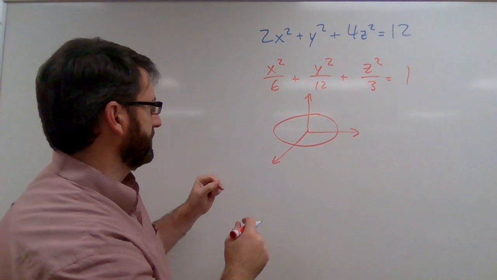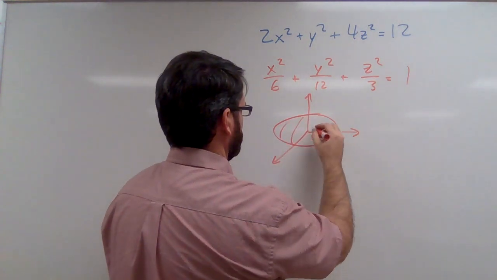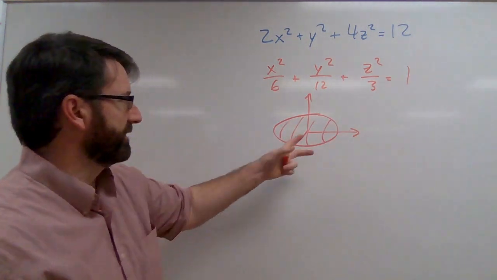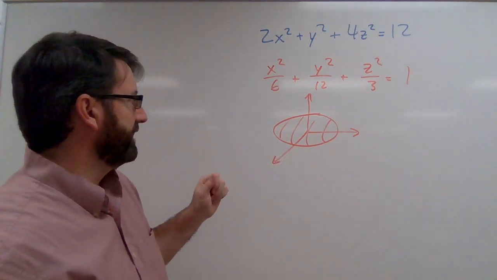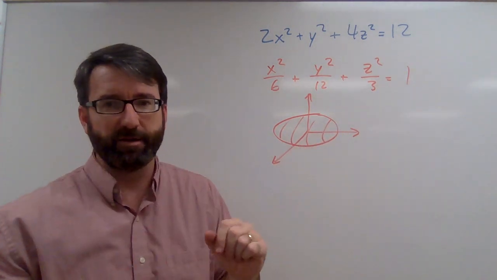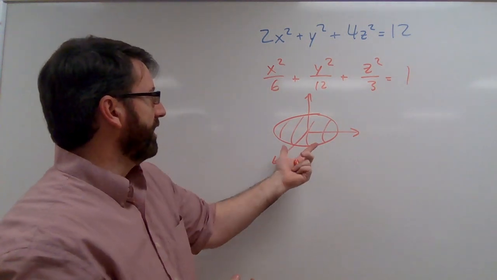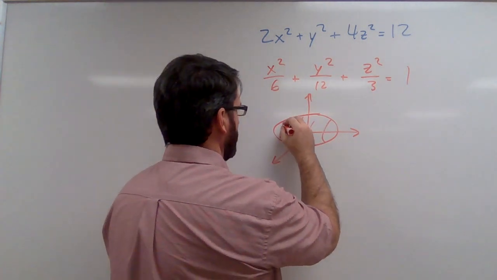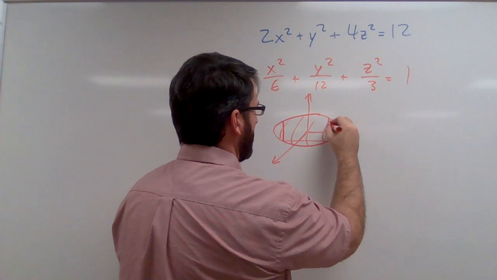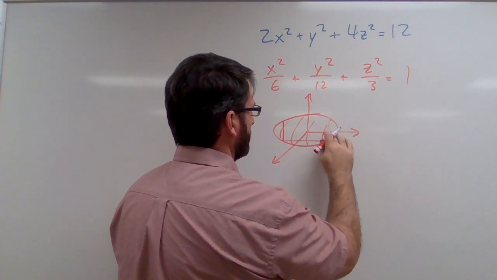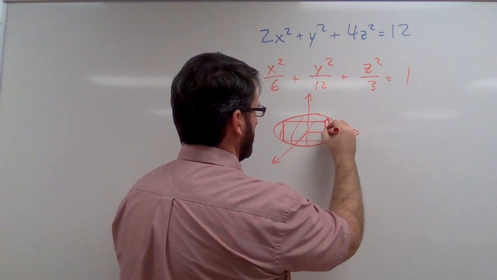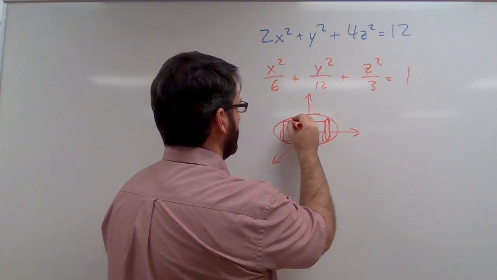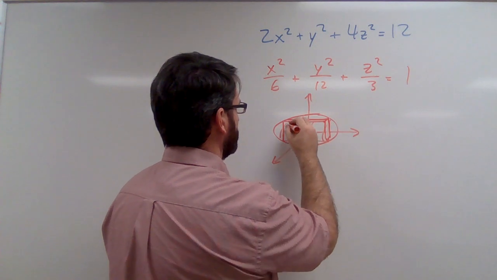I'm not good at drawing this, but let's make some effort to make this look three-dimensional. Anyway, we've got this potato shape here, and we want to know the maximum volume of a rectangular box that we can inscribe inside this ellipsoid.